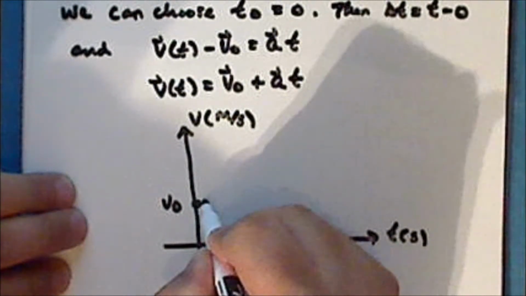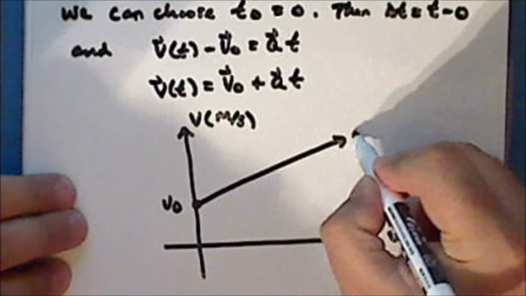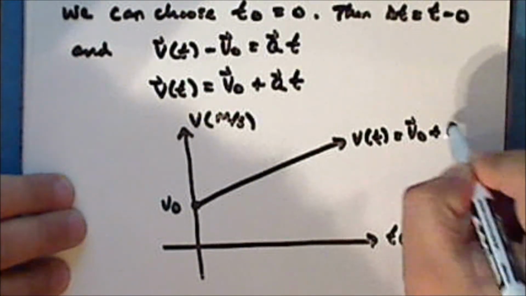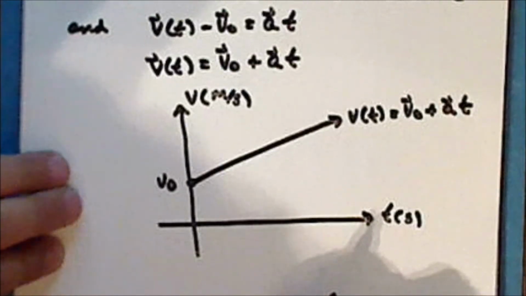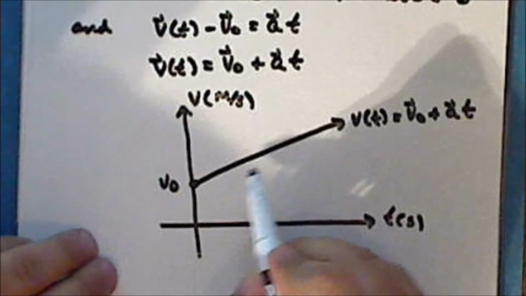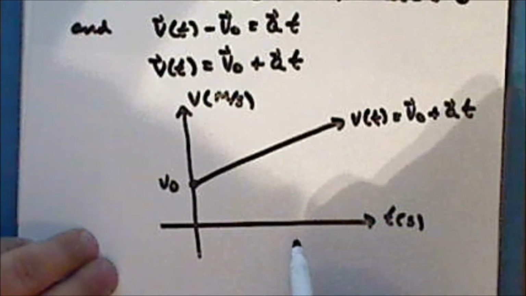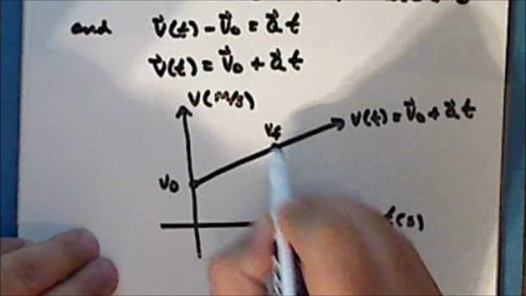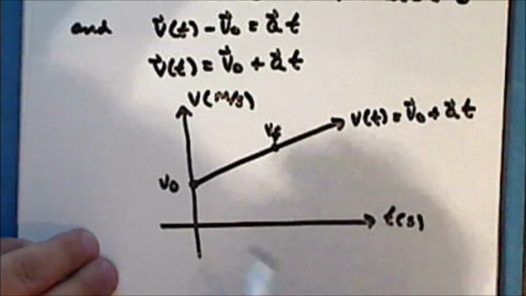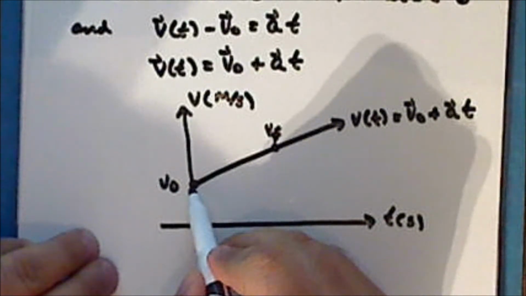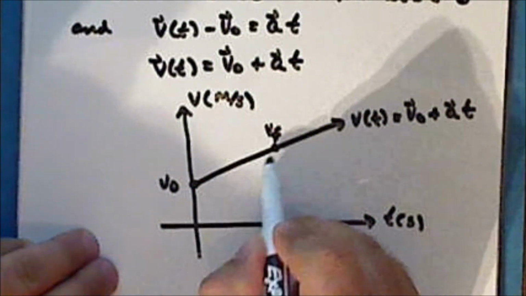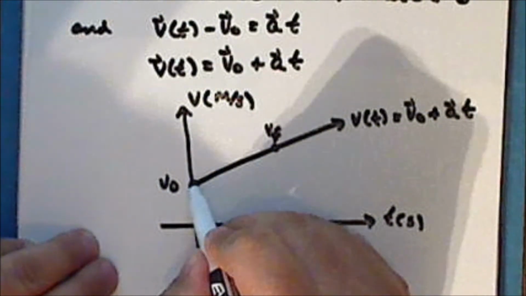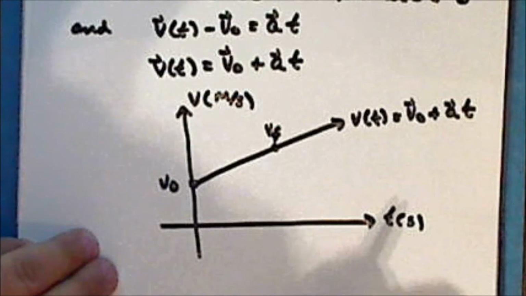And so once again we have a linear equation. The velocity is the initial velocity plus the acceleration times the time. Now since the velocity is linear with respect to time, we can choose a final velocity v sub f, and then the average velocity between the times t sub naught and t final is the midpoint on this line segment between the initial velocity and the final velocity.